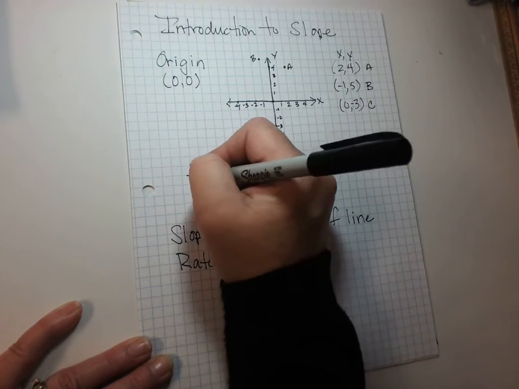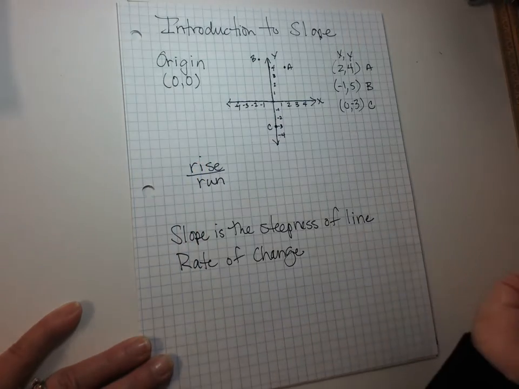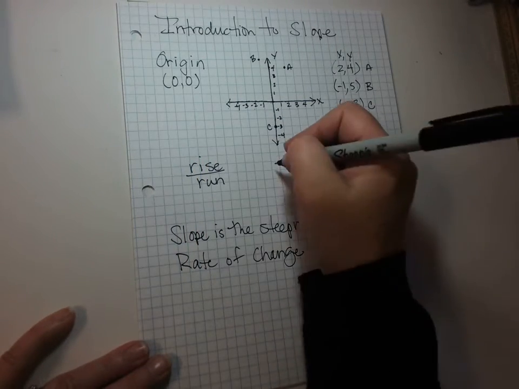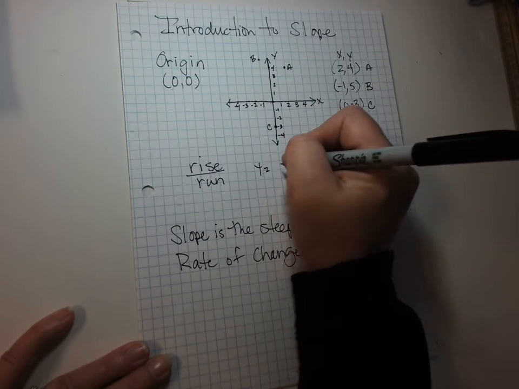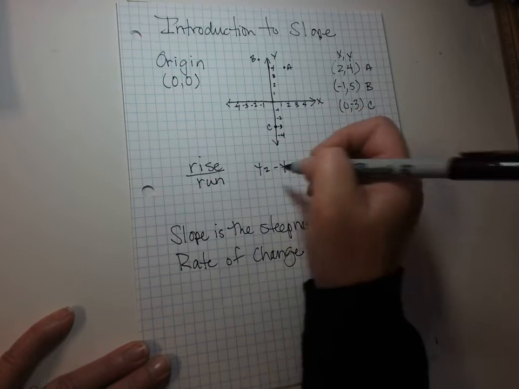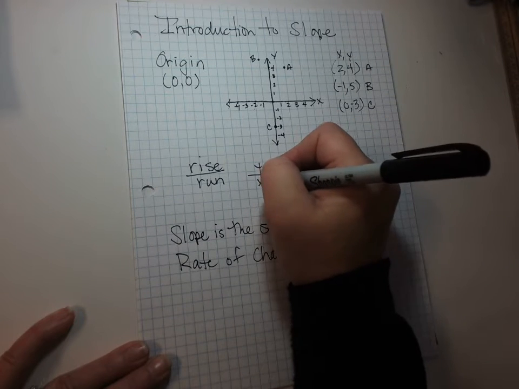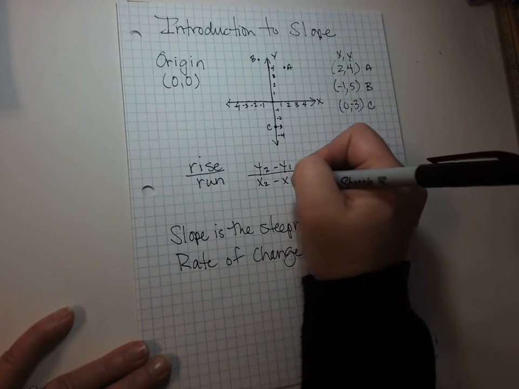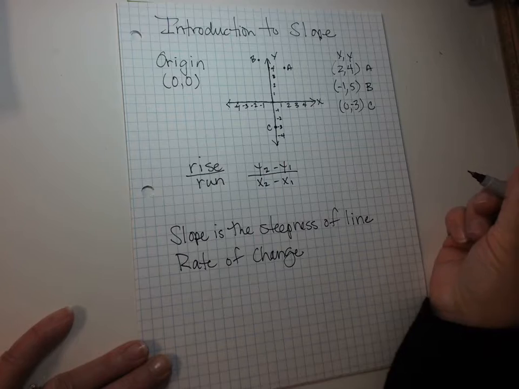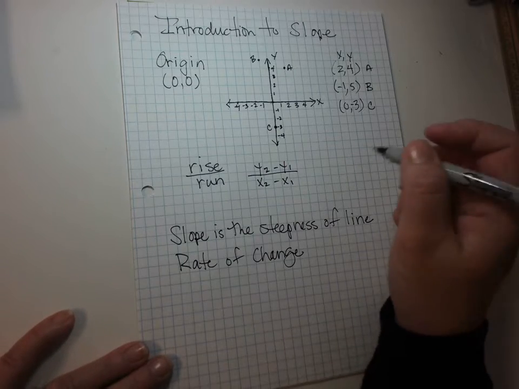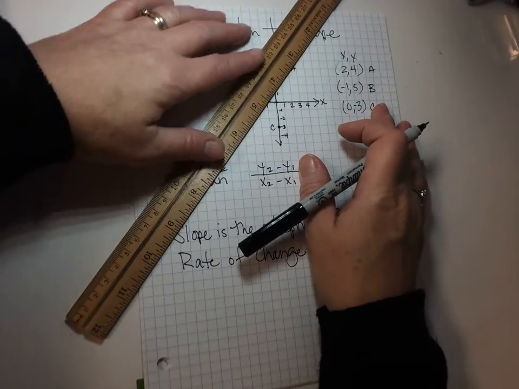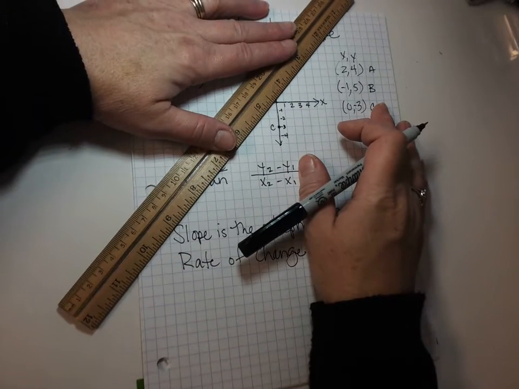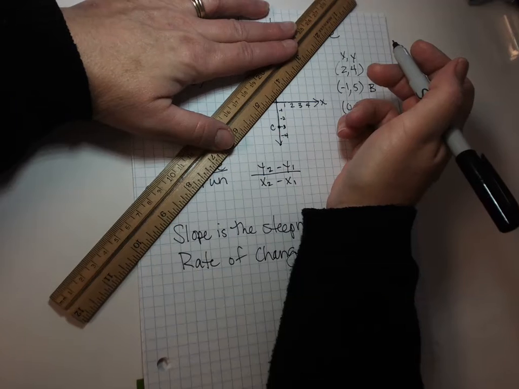Rise over run, and this is the same thing as y2 minus y1 over x2 minus x1. Let's just look at a couple of examples. I have to use a ruler because I'm terrible with lines. I am not a good straight line maker.